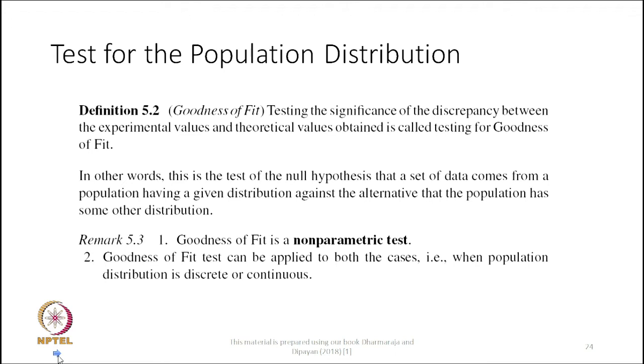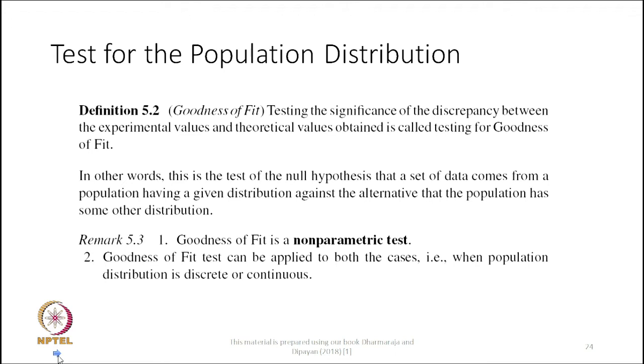There is another name for this, which is the goodness of fit. This test is also called the goodness of fit, because you are identifying which distribution matches the given set of data. And since we are testing the population distribution itself, there is no involvement of a parameter.